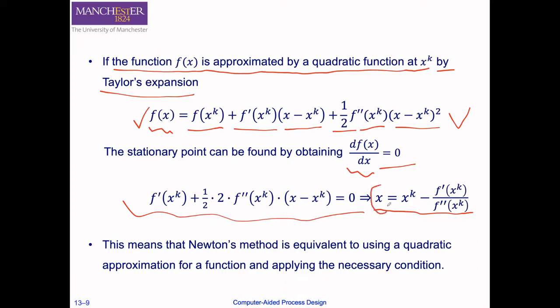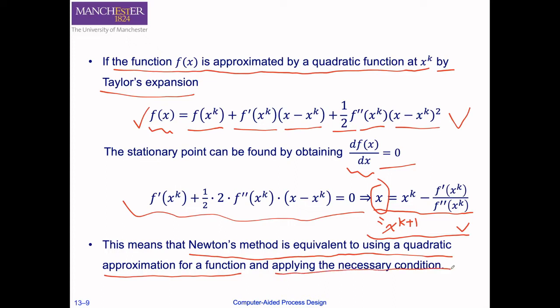If we let this x be the approximation at the iteration k plus 1, then we get the exact same formula that we have discussed. This means Newton's method is equivalent to using a quadratic function to approximate the original function f(x) and applying the necessary conditions to this quadratic function.